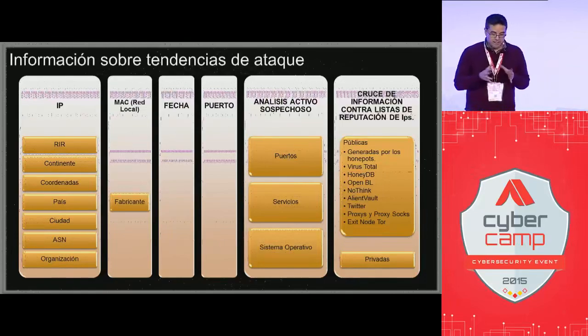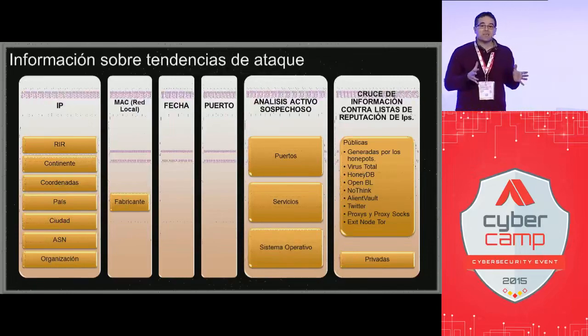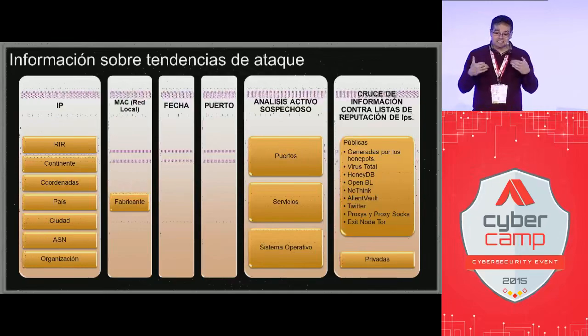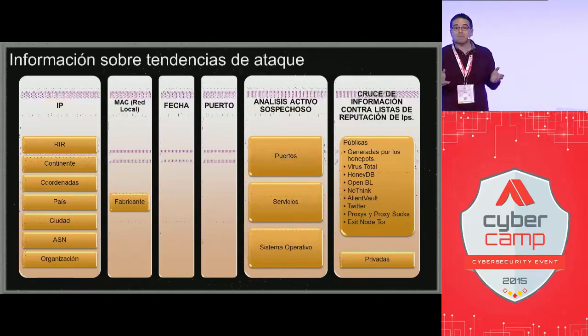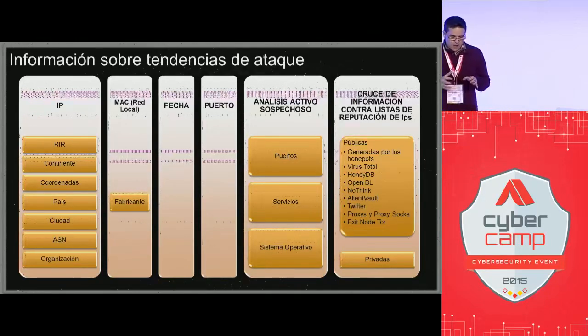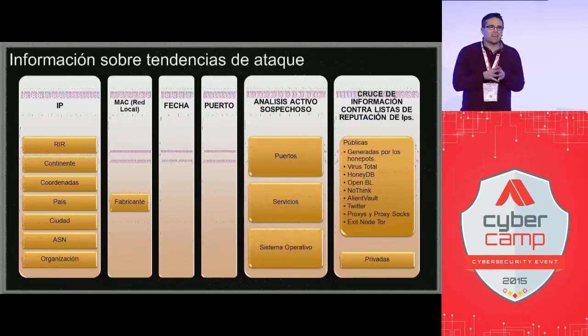If you are in a local network, we can also get the MAC address as well as the manufacturer, then the date, the port, and we can also carry out an active analysis of the attacker or suspected attacker, and then we can analyze the ports, the services, and the operating system.